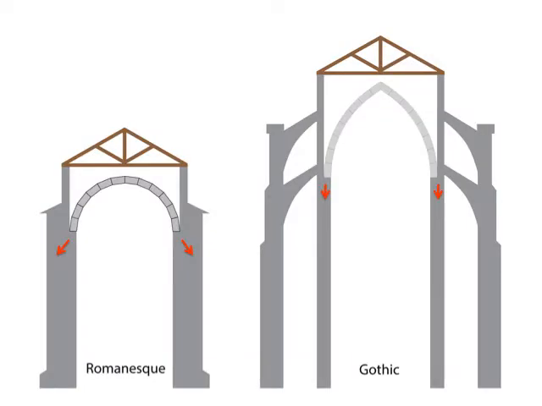It also meant that you could raise the roof of a Gothic cathedral much, much higher than a Romanesque church. So you ended up creating these large interior spaces, extremely much higher vertically, and a little bit wider horizontally.